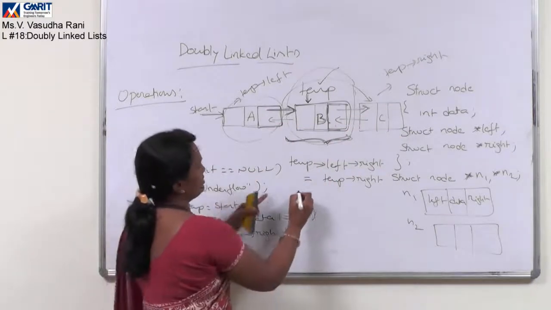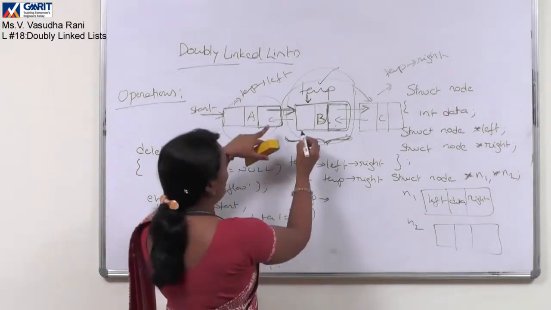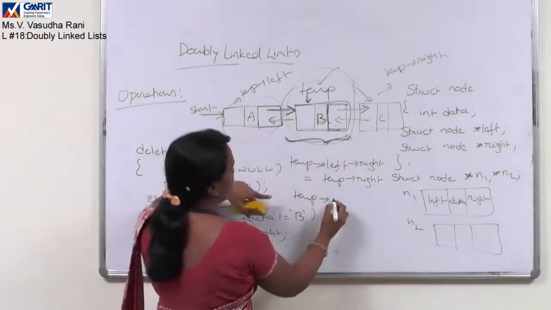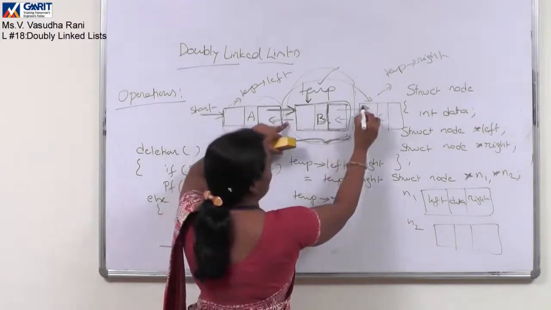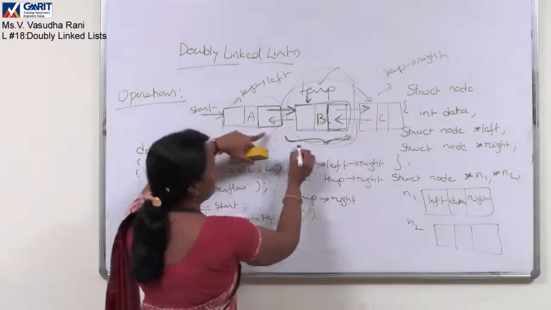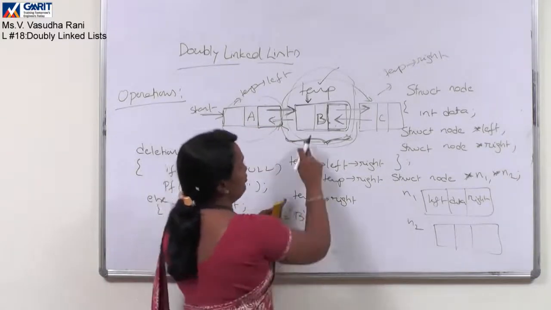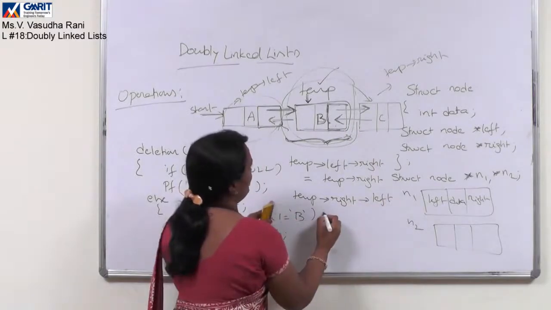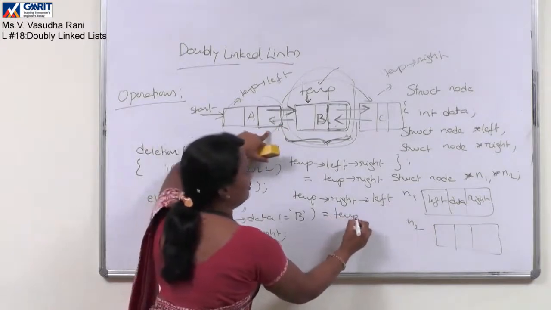Then it is the other pointer. These two pointers. It is temp's right. This particular node's left pointer now should be referred to temp's left node. So it is temp's right, right's left should be updated with temp's left pointer.